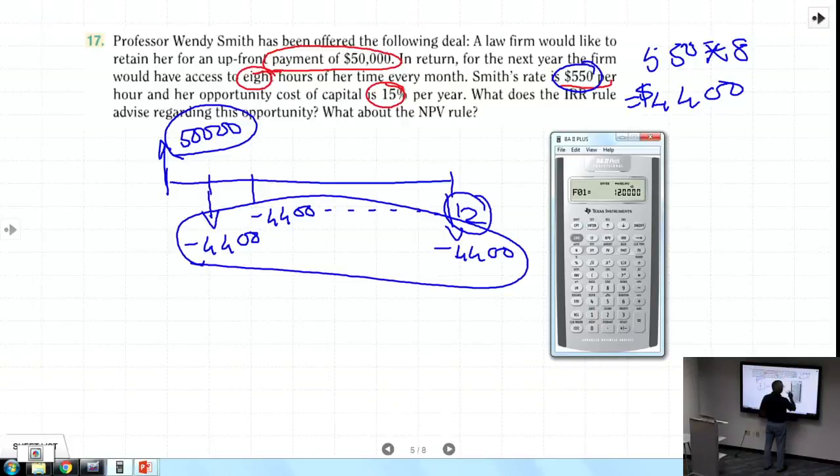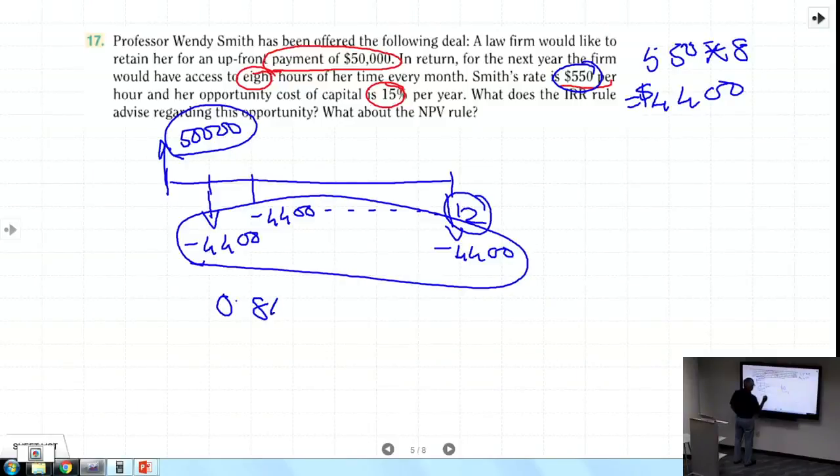Then, with all of the cash flows entered, I go to my IRR key and compute. And IRR is 0.8484. That's our IRR.